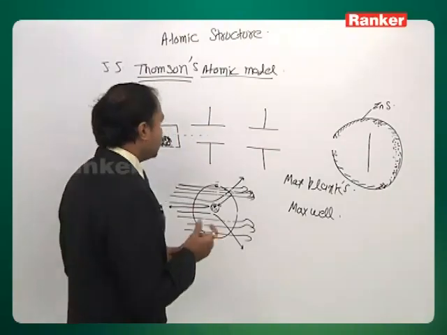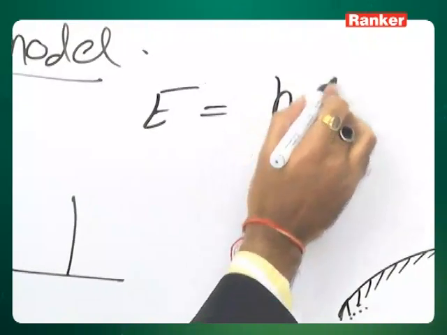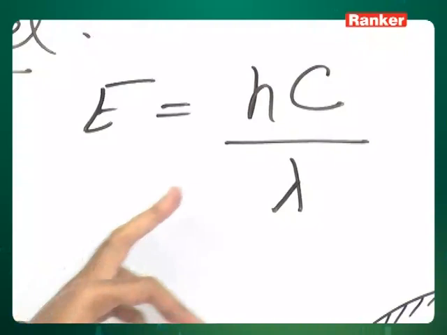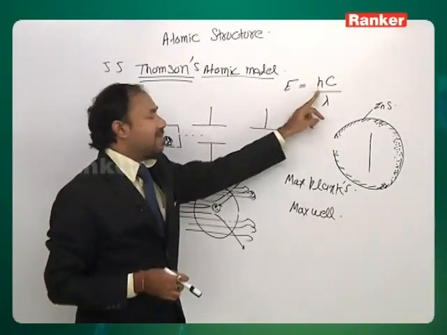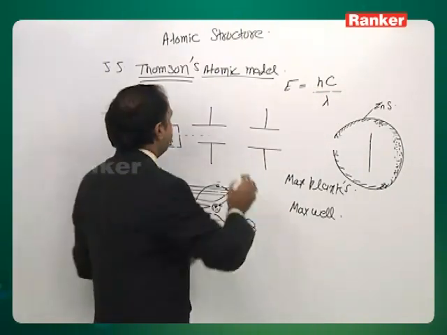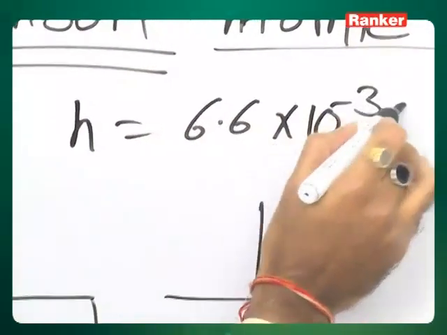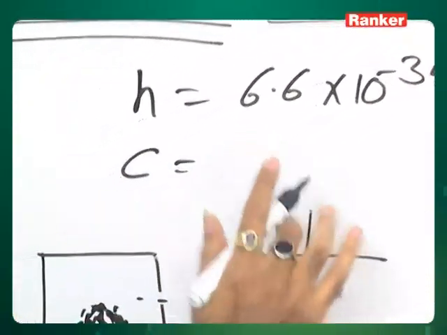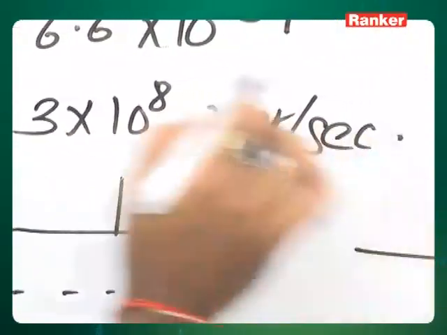Each packet of energy consists of a certain amount of energy, and he said this can be given by E equal to hc by lambda, where lambda is the wavelength of that particular radiation, h is Planck's constant, and c is the speed of light. Now the value of h will be 6.6 into 10 to power minus 34 in the MKS system. The value of c will be 3 into 10 to power 8, again MKS system, meter per second.